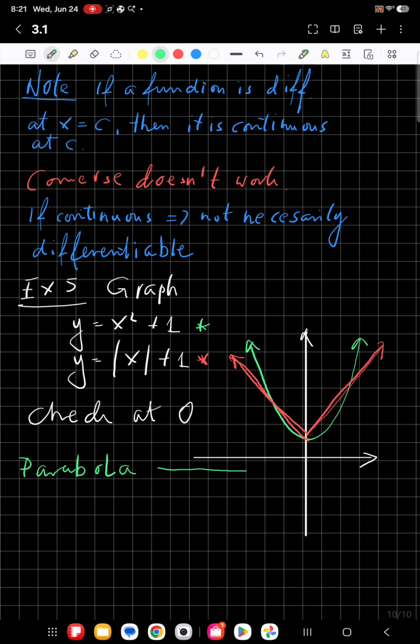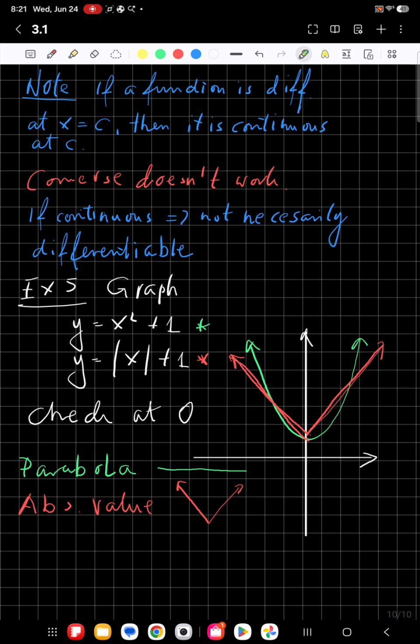But now if you look at the absolute value and you zoom in, you'll still have that v. And you see that at the tip of that v there is no slope.